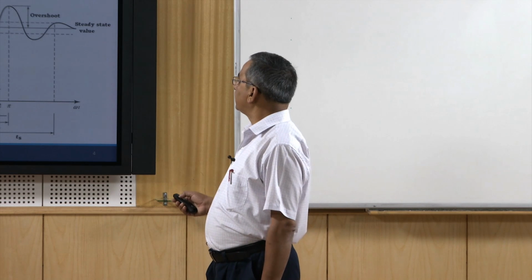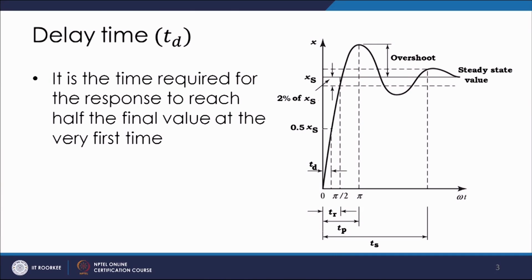Next is the rise time, and you can see in this figure that it is represented by T R. This is the time required for the system to reach the steady state value. As you can see, it is the time taken for the response to rise from 0 to the steady state value xs.